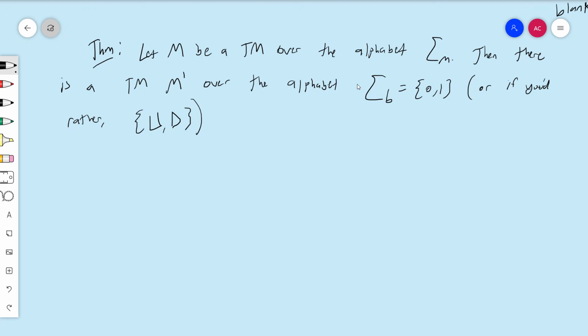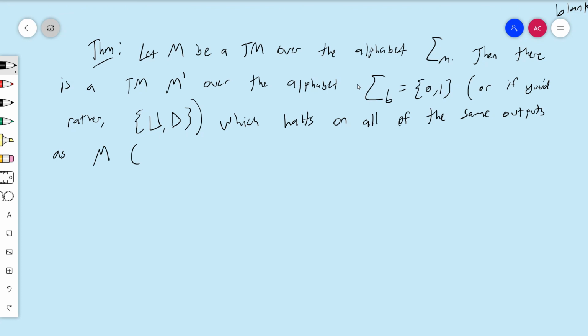Over the alphabet 0, 1, which halts on all the same outputs as M, up to the standard unary coding.